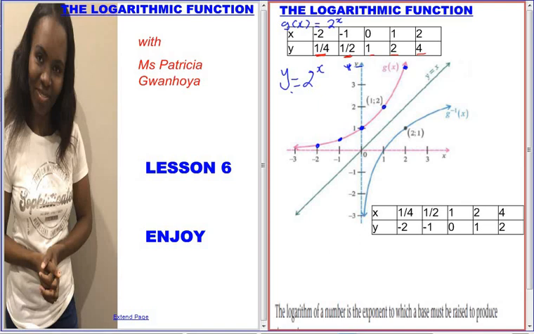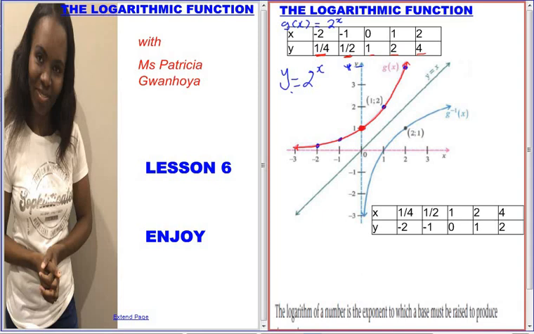You're noticing that if you join those points that I just drew over there, you would definitely get the exponential function, which is the function that you're already seeing here. So this is the exponential function we already know, 2 to the power of x. As you are seeing, it's an increasing function, and it has this y-intercept at (0, 1).